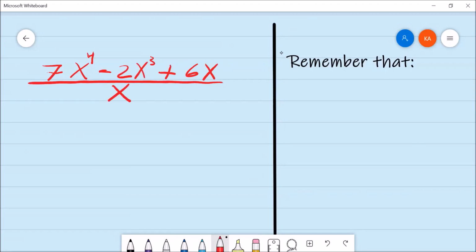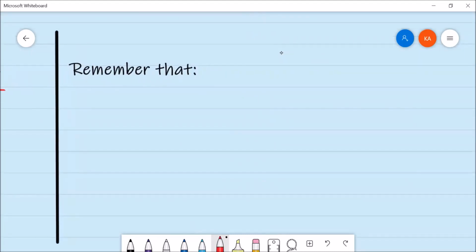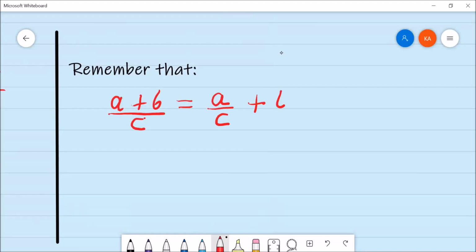Now, if we want to solve this question, we should remember that (a + p) over c can be written like this: a over c plus p over c.